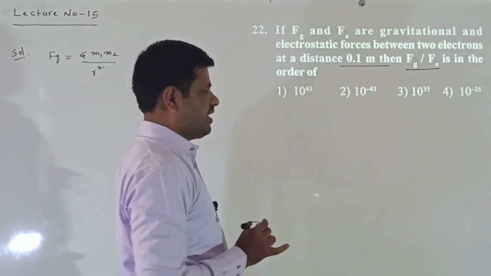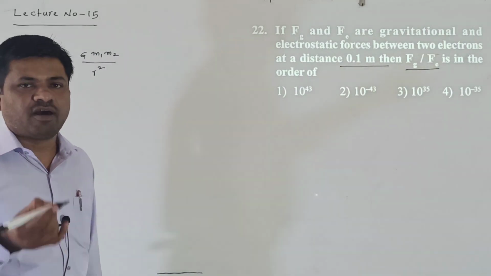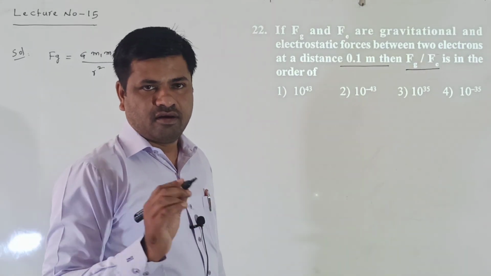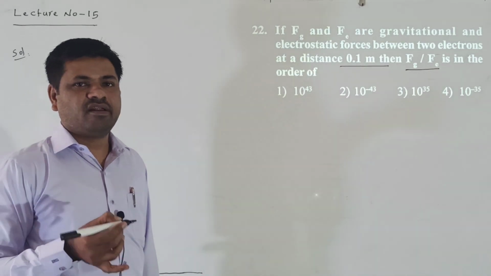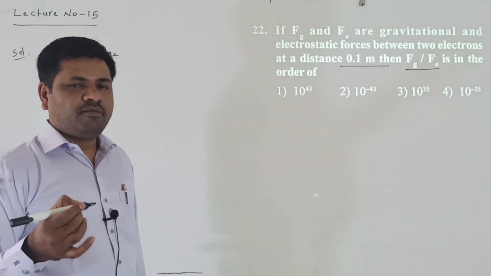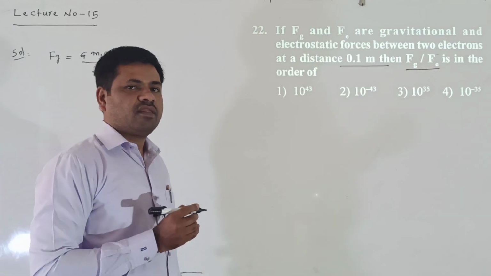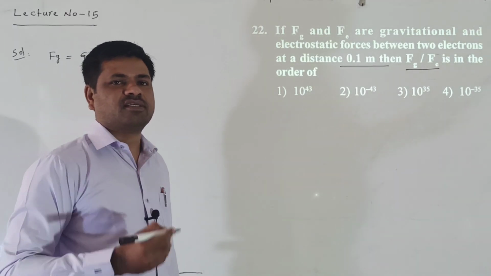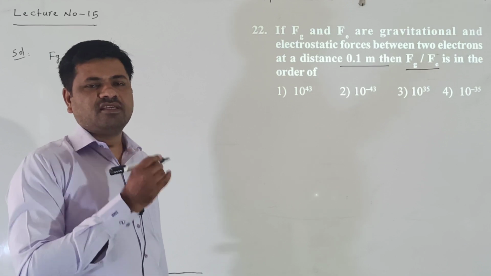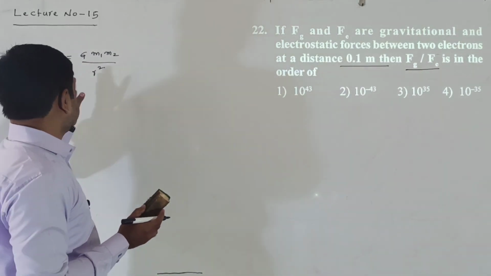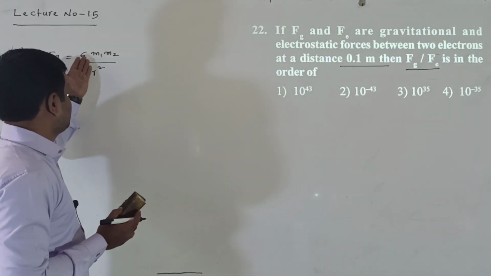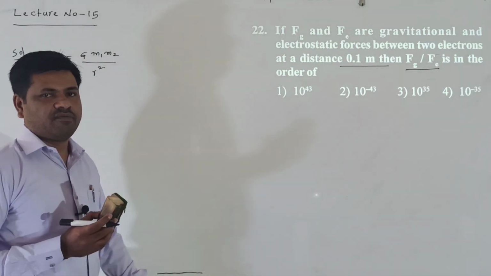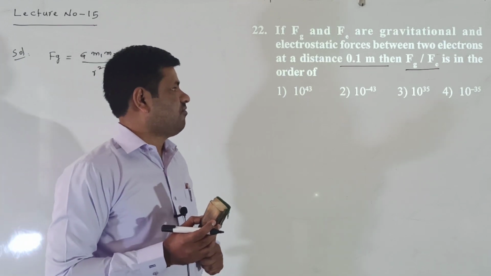Fe is the electrostatic force. This formula comes in the second year electrostatics chapter, so just remember it here. Coulomb's law is in the second year, and from Coulomb's law this formula comes, whereas from Newton's law of gravitation comes Fg equal to G m1 m2 by r square, the gravitational force.